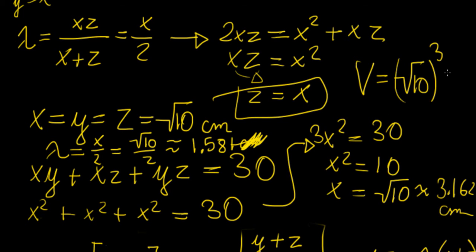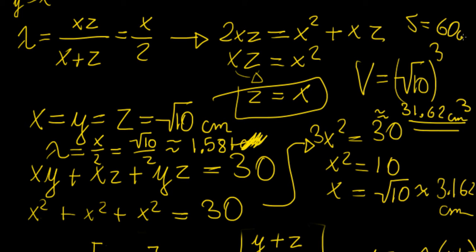And this is going to be roughly 31.62 centimeters cubed. So that's the maximum volume that we can have given that our surface area is 60 centimeters squared. And we have a box. So the box has to have all these lengths that are perpendicular to each other. And that's basically what we're going to have. This is going to be our final answer.